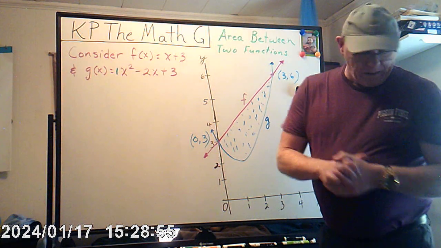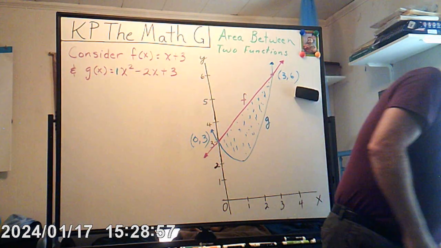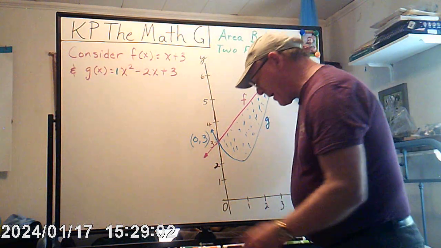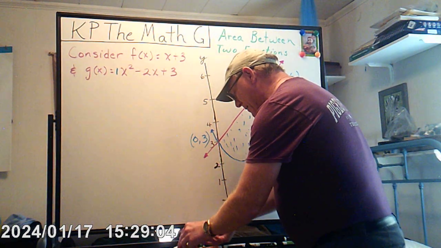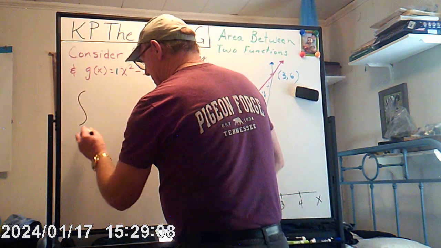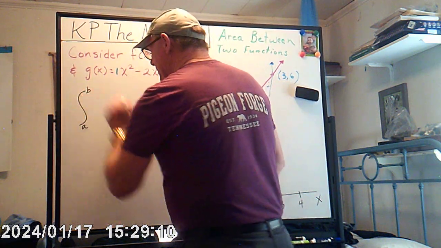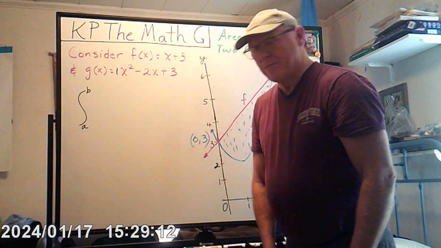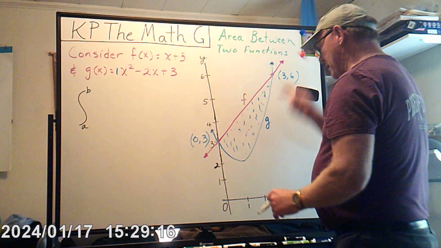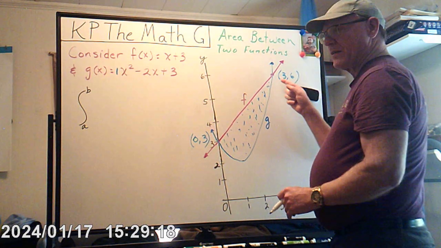There is a rule that says that if I know what my limits of integration are, well, in this case we're going to say a to b, and be aware which one is on top of the other.